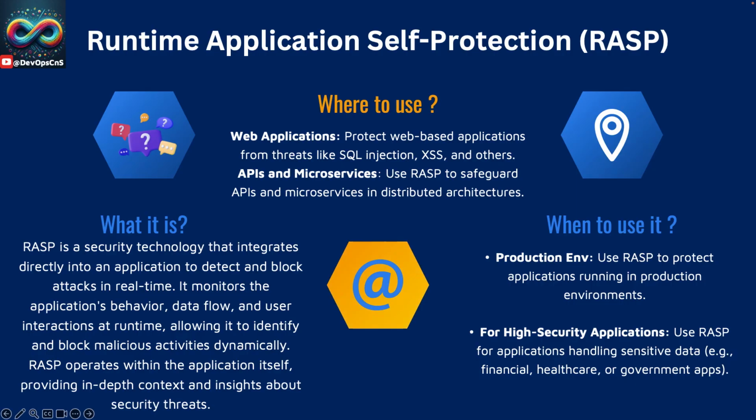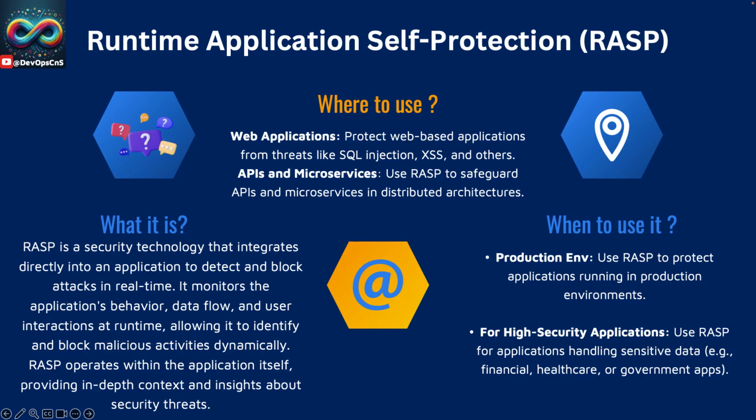When the application is running in production, it helps monitor the application behavior, data flow, and user interaction, allowing it to identify and block any unusual activities in the application. RASP operates within the application itself and provides deep context and insight about the security threat.